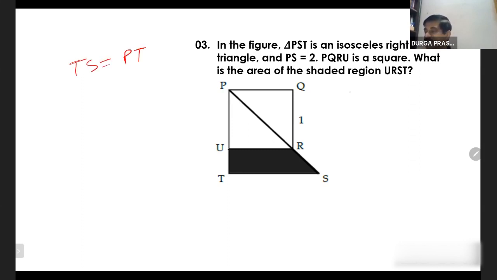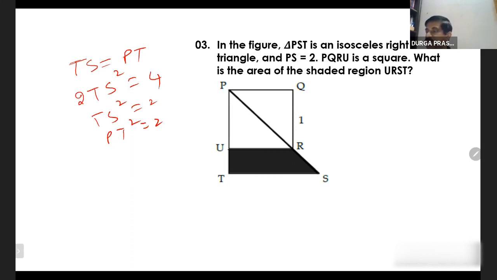PS is 2, so by Pythagoras theorem, 2TS squared is equal to 4. So TS squared equals 2, and PT squared is also 2. So TS and PT are both equal to root 2.